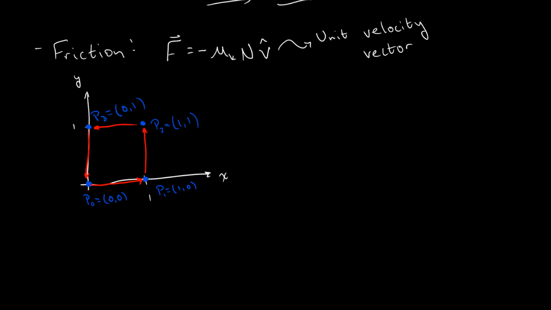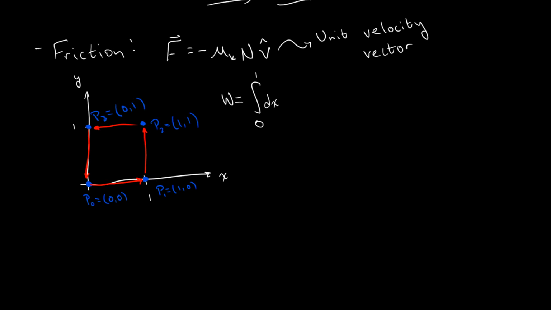Okay, so like before, we can just consider the work done along each path. Here, since we're only moving in one direction, and each of these pieces of the path are all the same length, this is essentially going to end up looking like 4 times one of the sides. So I can show it explicitly. If I go along the first path, I'm only ever going to get something in the x direction.